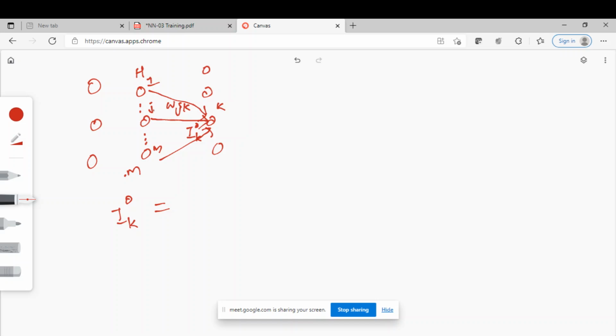For example, if you take this alone, say this output, let us call it the output of the first neuron of the hidden layer.